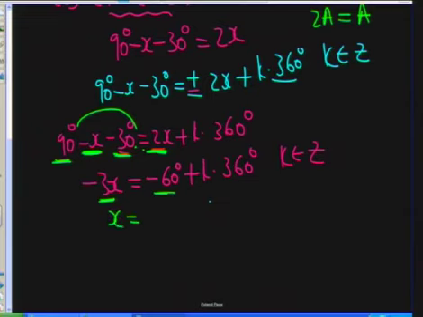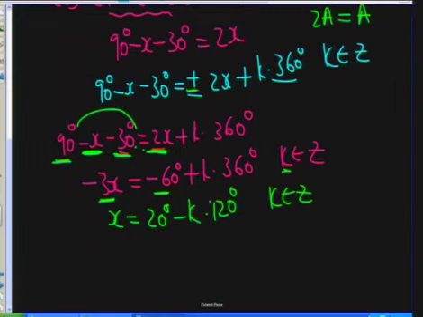X is minus and minus, I get 20 degrees plus, this doesn't matter, the k, whether you change the sign, because k is an integer. You can keep it as positive or negative, this will still be correct. So minus k, because I divide by minus, divide this by 3 also, the period change to 120, then k is an element of an integer. So I've solved the one with positive.